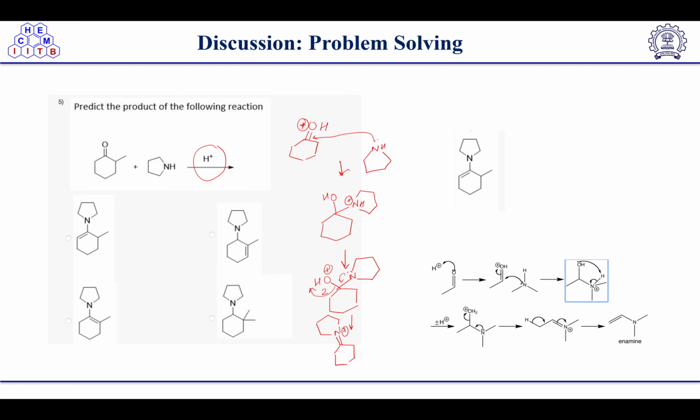Okay, now positive charge will come on nitrogen. Now after this, this is the resonance structure, and the stabilized form is this one. It will form a Stork enamine. This is a Stork enamine reaction. Okay.